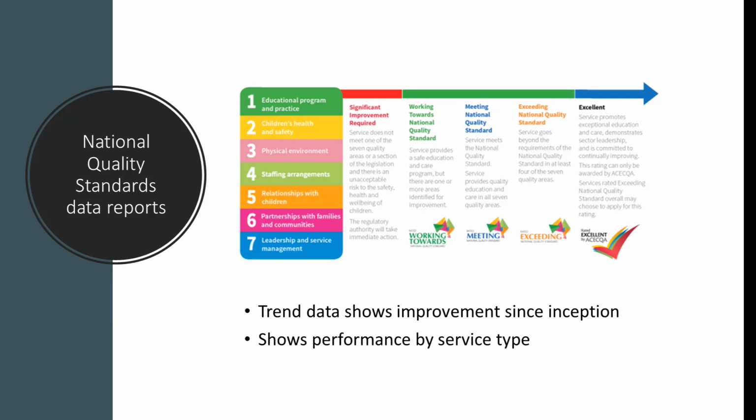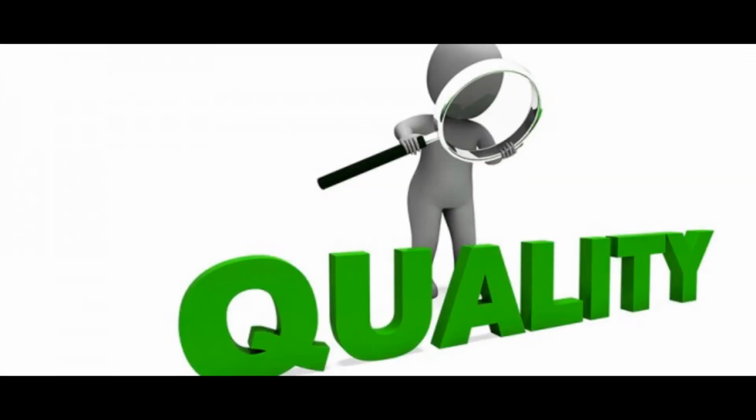The snapshot report, just recently released, shows trend data since the inception of the NQS in 2012. It identifies a generalised improvement in quality as measured by the standards across the country over time. This data highlights a common trend for where standards are being met or not met, and volume counts for the numbers of services attaining different overall ratings.